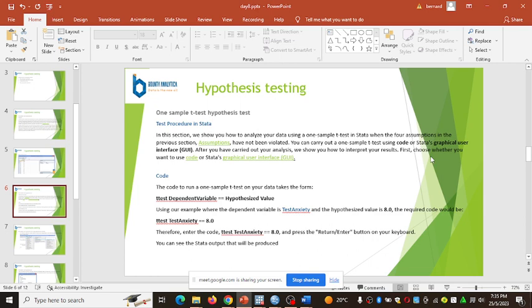The first assumption is independence. We assume that each point or each score from students are independent of each other. So the observations within each group, even if we were testing more than one group, must be independent of each other. So in the case of an independent sample t-test, independence means that the individuals in one group are unrelated to the other.